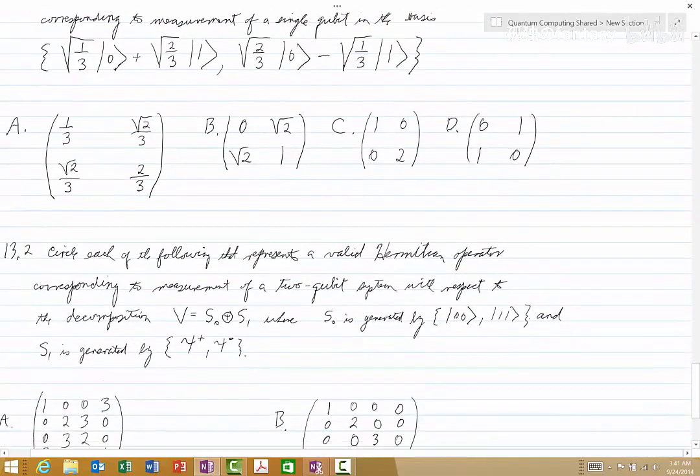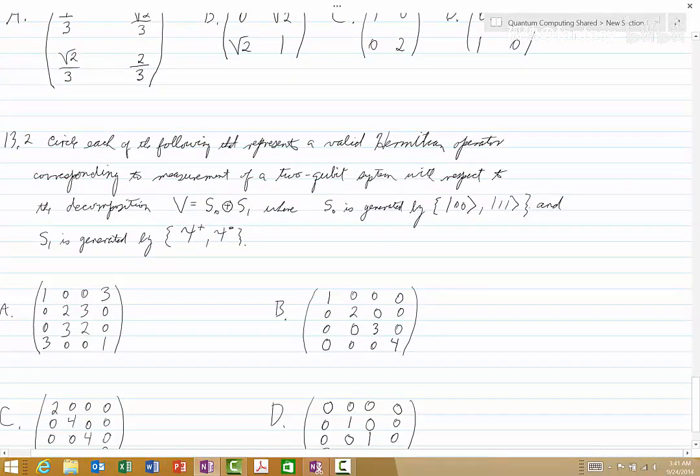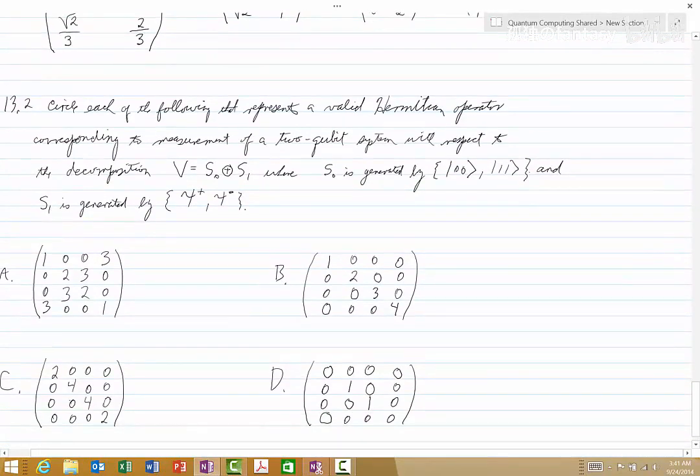And then for 13.2, well, this is like the second example. It says circle each of the following that represents a valid Hermitian operator corresponding to measurement of a 2-qubit system with respect to the decomposition V equals S0 direct sum with S1, where S0 is generated by 0, 0, and 1, 1, and S1 is generated by C plus and C minus.